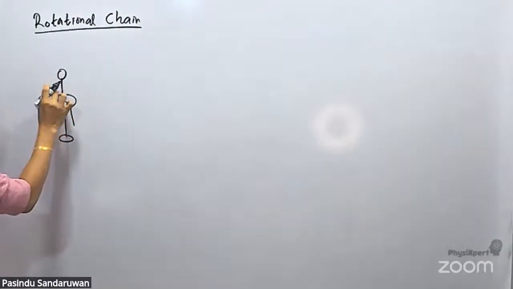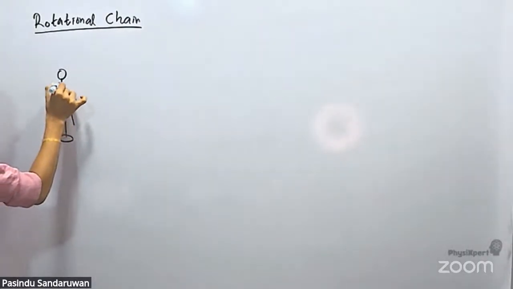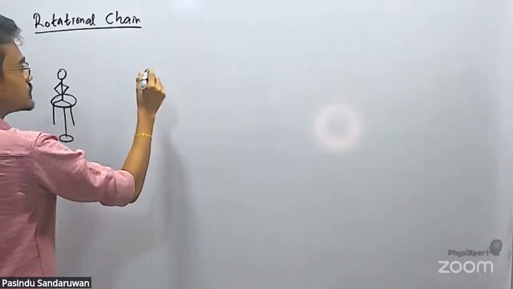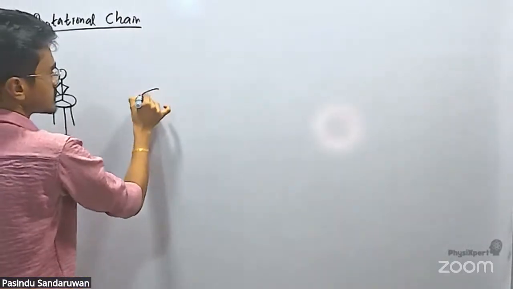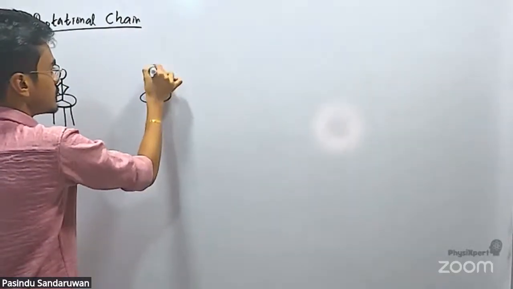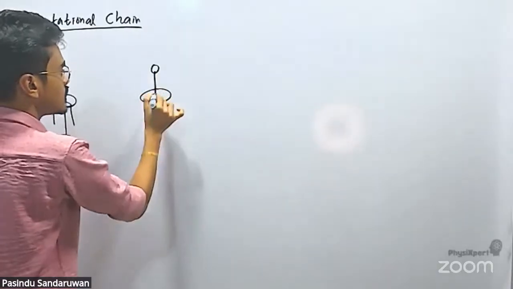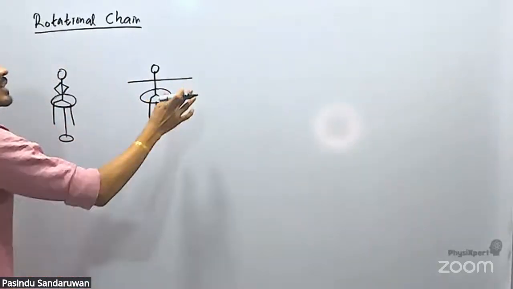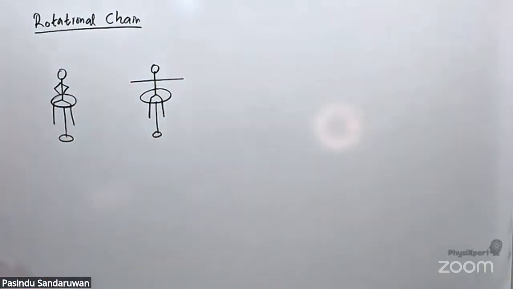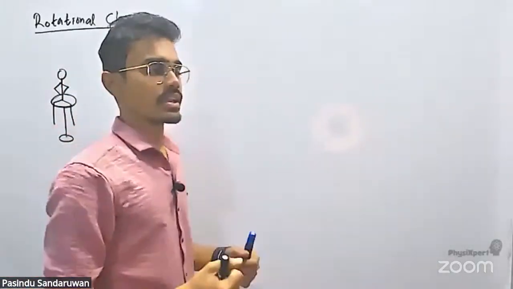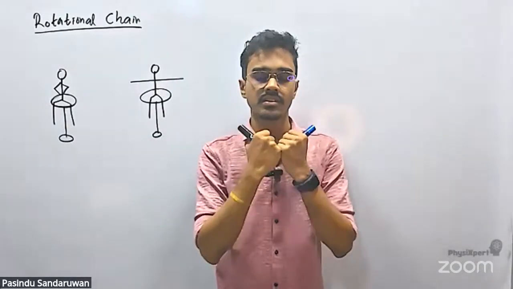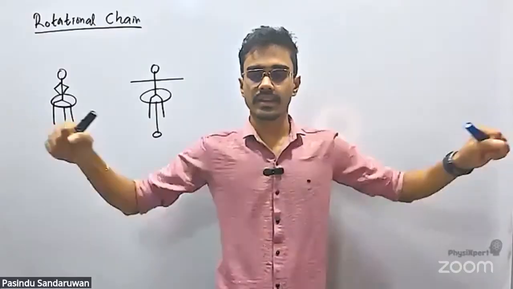So this is when hands are taken closer. One scenario, and this is the same rotational chair, right? When his hands are spread out, there are two scenarios: hands close to the body and stretched.